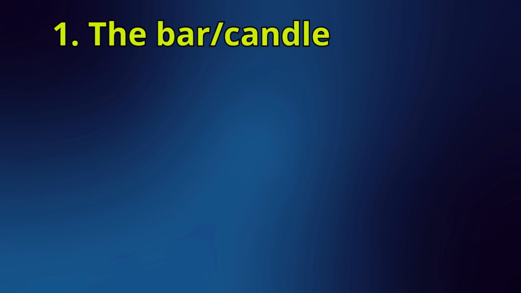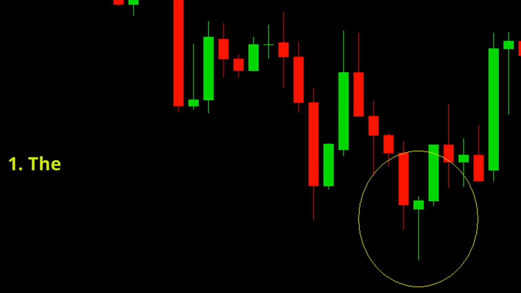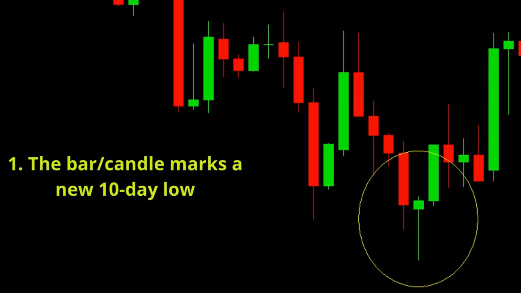Let's cover the rules for a long setup. For a valid long setup, there are four conditions. First, the candle must mark a new 10-day low, as you can see here. Second, it needs a long lower wick, which signals a strong rejection of lower prices by buyers.